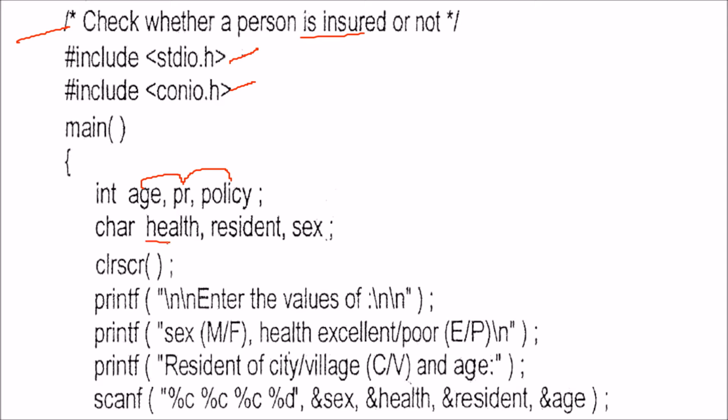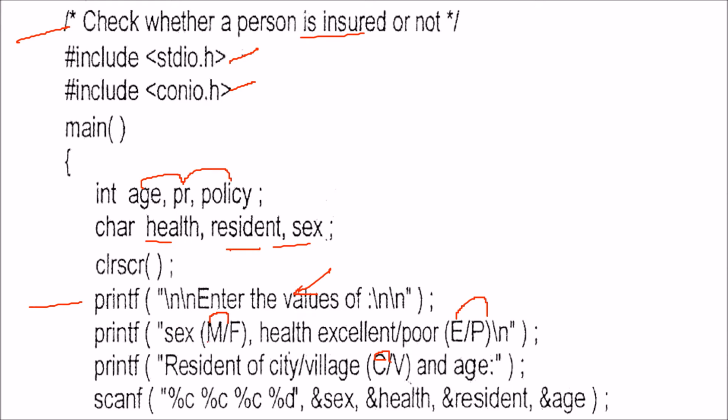First of all, character. This is health, resident and sex. Health can be excellent and poor. The sex can be male and female, and the resident can be city or village. So when we printf, we ask the user to enter the values.